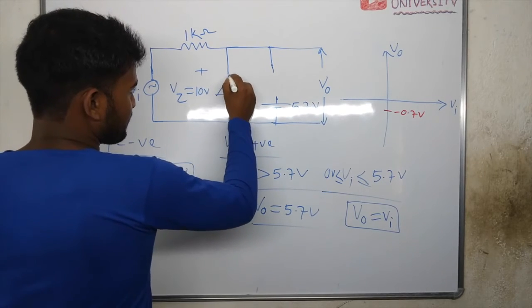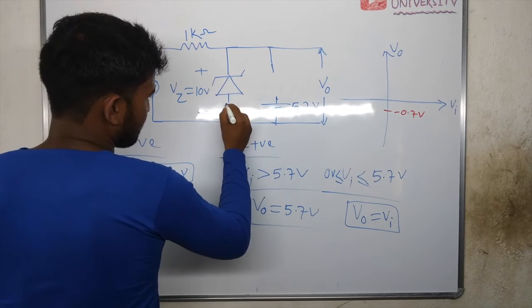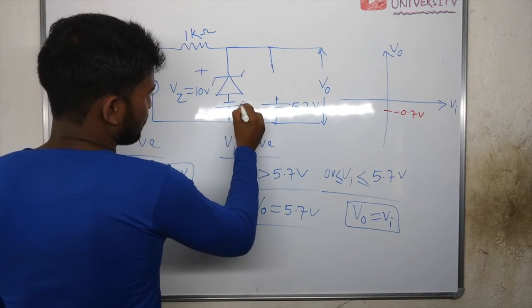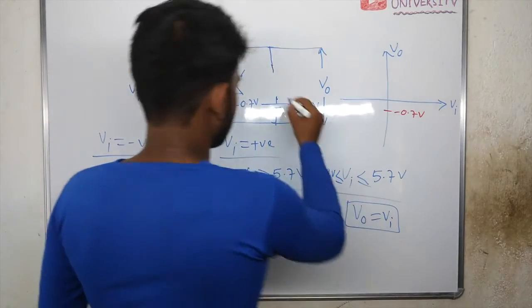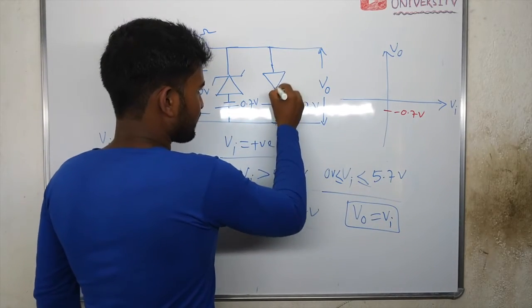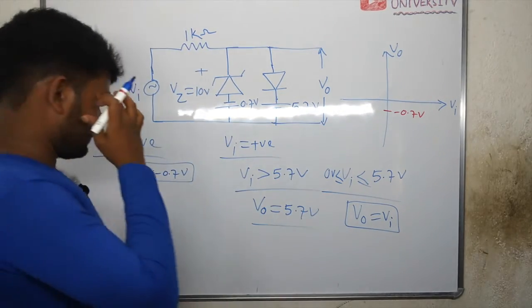This was your Zener diode, and this was the cut-in voltage 0.7 volt, and this was your diode. I am only considering negative values of input.